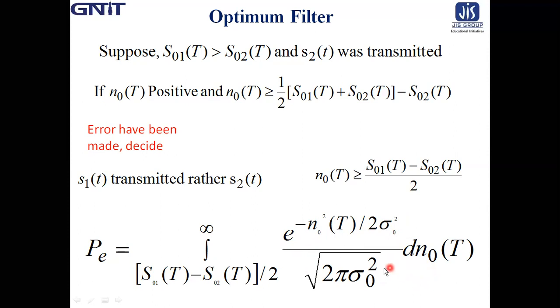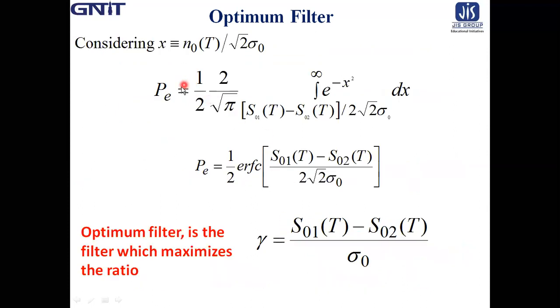Now how do we solve this? Let us consider x equal to n0(t) by square root of 2 sigma 0. Then dx into dn0(t), and changing the limit correspondingly, we ultimately get PE equal to half into 2 by root pi, with the limit of integration from (S01(t) minus S02(t)) by 2 root 2 sigma 0 to infinity, of e to the power minus x square dx.